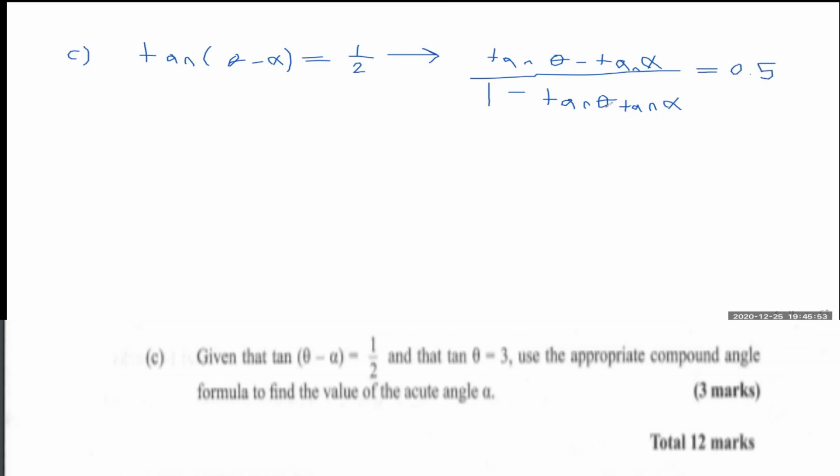Now remember, what is tan theta? They said tan theta is 3. So replace this with 3. So that's really 3 minus tan alpha over 1 minus 3 tan alpha.